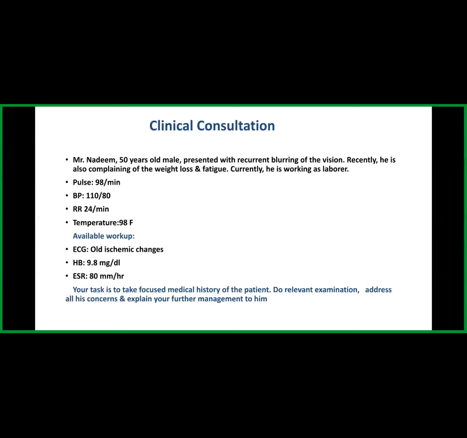Even with the weight loss and anemia, some cases are presenting. Do you think that weight loss and anemia is the feature of giant cell arteritis or PMR specifically? So it's a very broad differential. Do you think that without any headache or any tenderness on the temples, we should be keeping giant cell arteritis on the top?